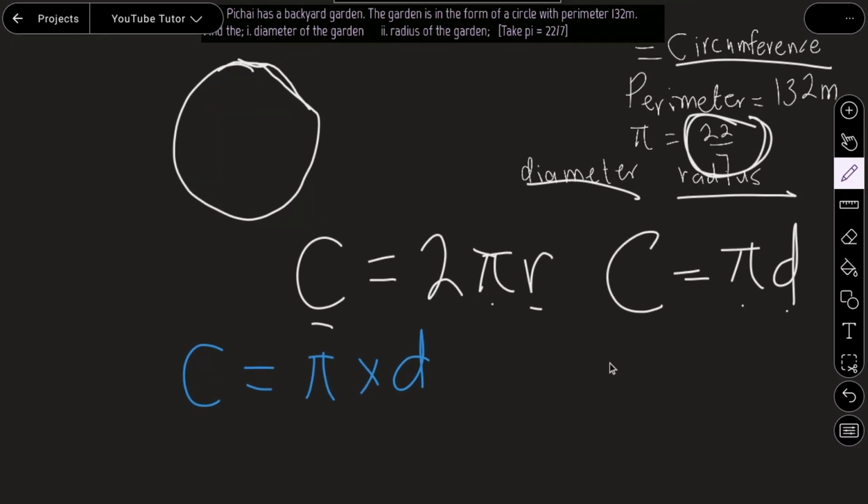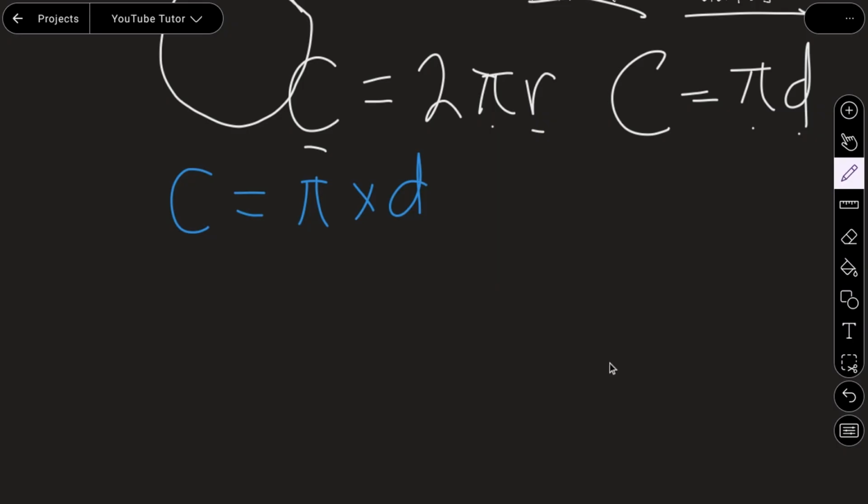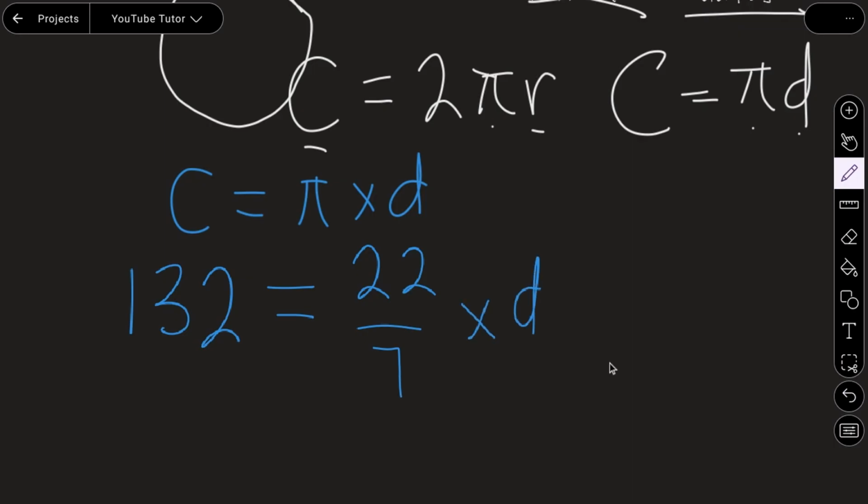Okay. So I'm going to substitute the values. We have 132 as our circumference, which I stated is perimeter. We have 22 on 7 for our pi times d, which we don't know, and that's what we have to find first.